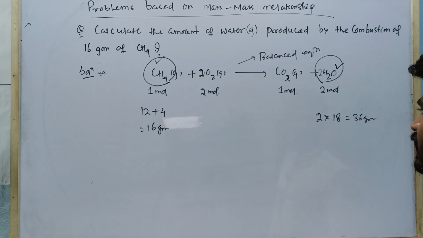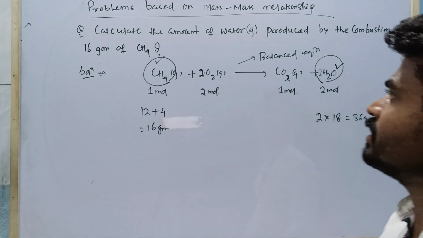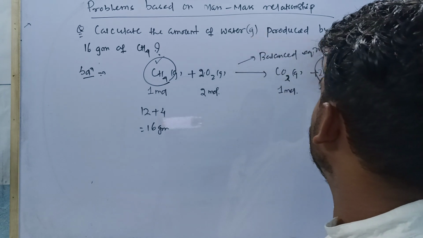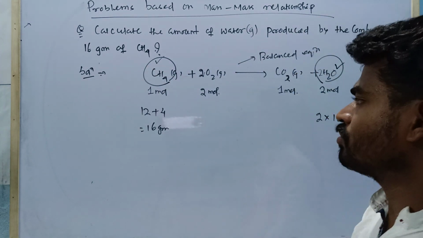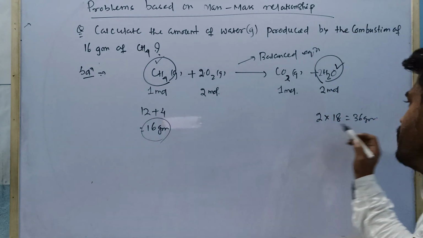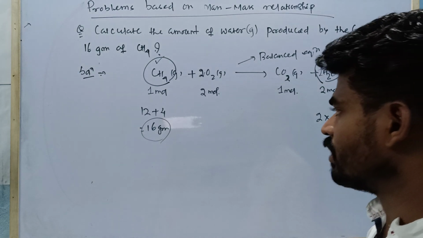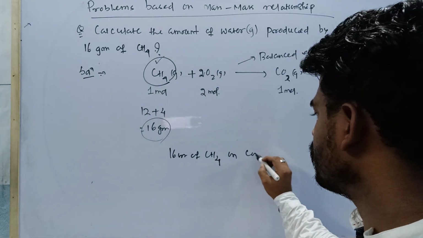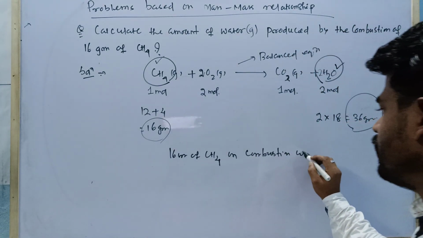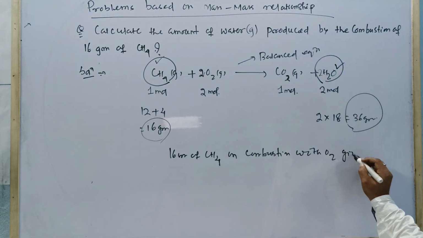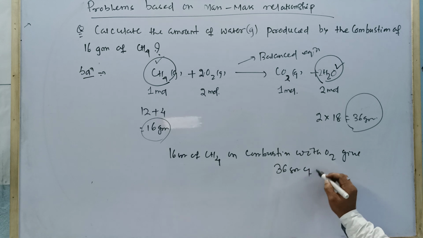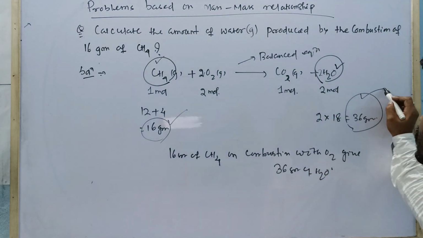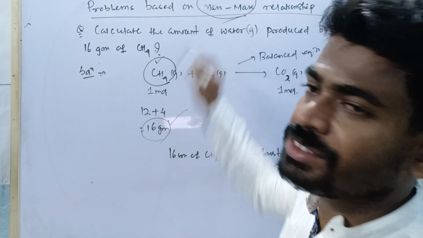So the answer is 36 gram. You have compared the mass of one reactant, methane, with the mass of one product, which is why it belongs to mass relationship.